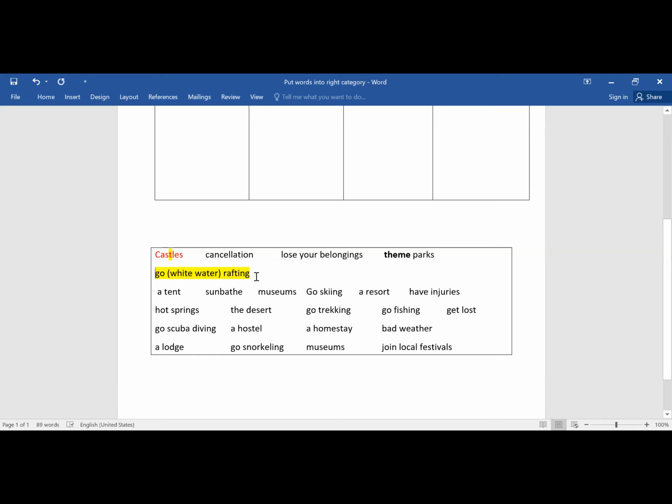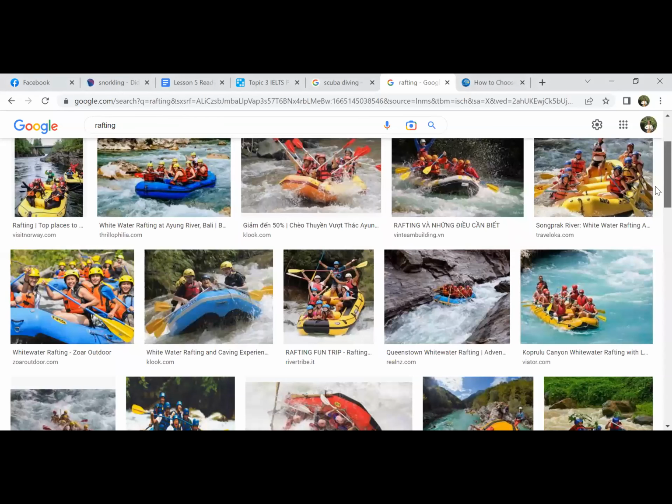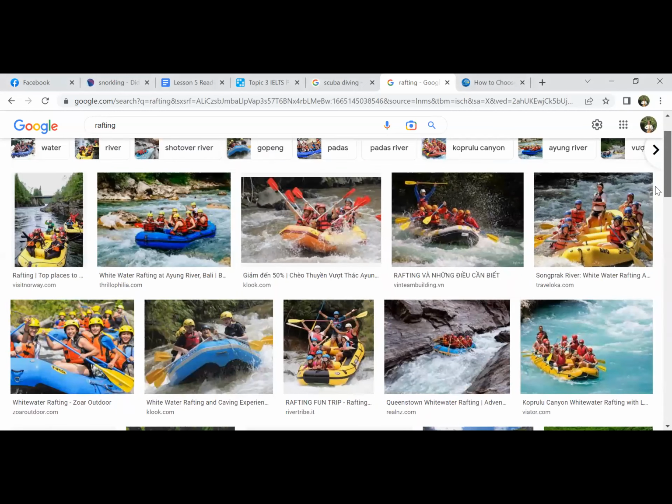When people go rafting, they travel down a stream or a river at a fast speed on a small boat. Now, the beauty of learning online is that I can show you guys photos and you will get the meaning of a new word immediately. Rafting is a dangerous sport. And it's not for everybody, it's for people who want to challenge themselves.